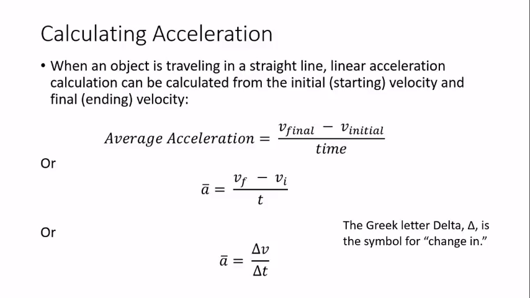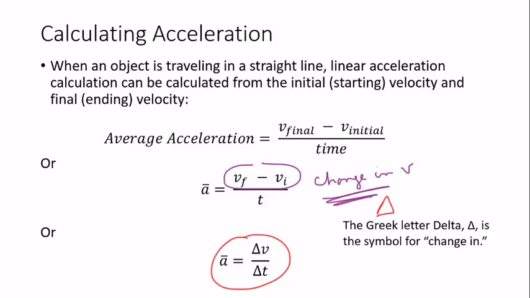Anytime it's the change in, instead of writing change in, use a triangle, and the triangle is the Greek letter delta, and that means change in. So here we have a final summarized version of calculated acceleration. Acceleration is the change in velocity divided by the change in time.